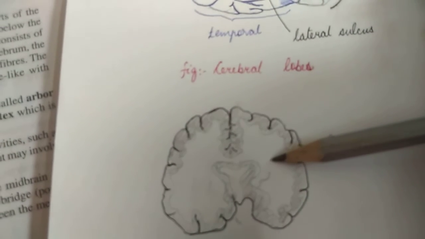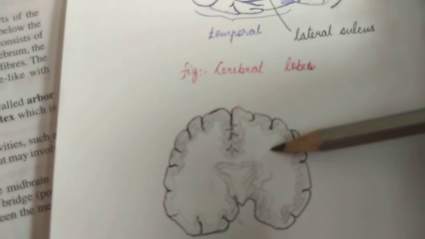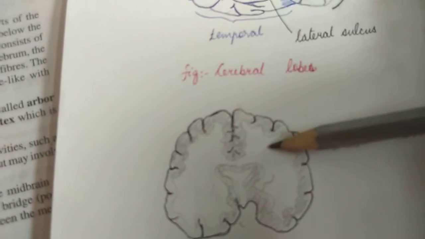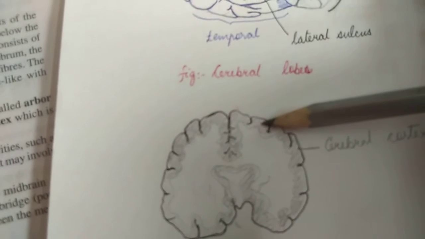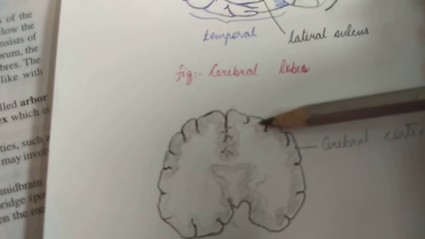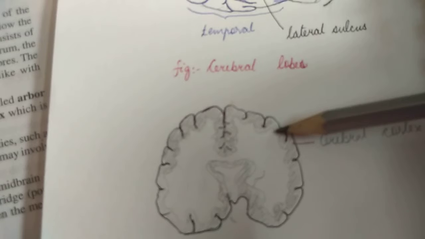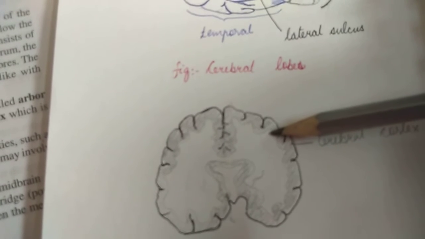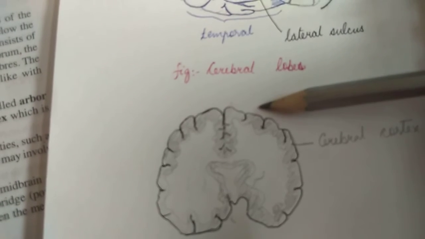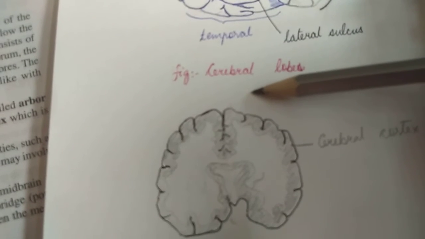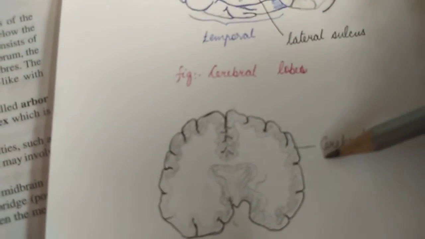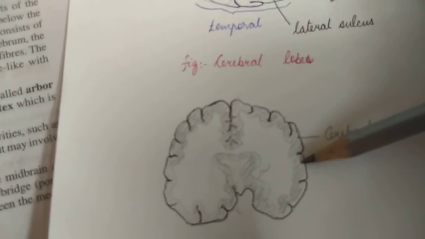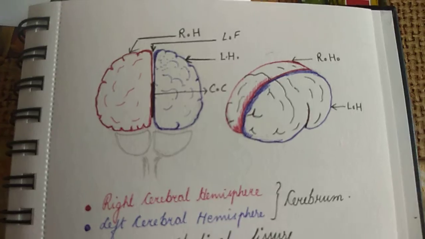The white matter basically comprises of myelinated nerve fibers. It is white in color as light reflects back by myelin sheath as white. The gray matter comprises of cell bodies of neurons and nerve fiber and also it possesses unmyelinated nerve fibers.